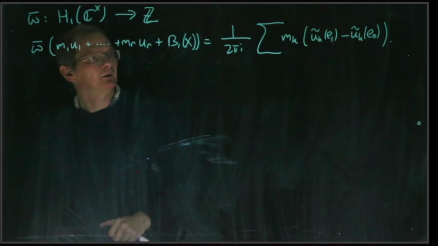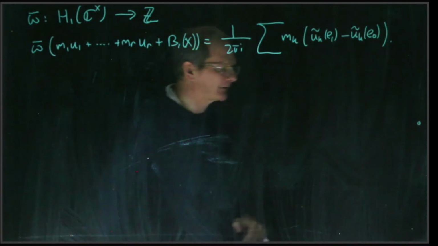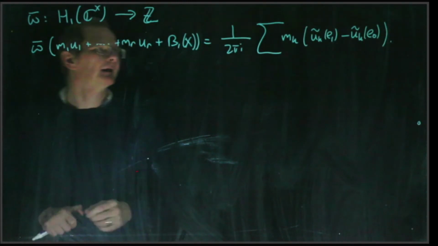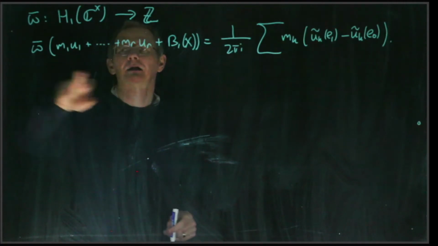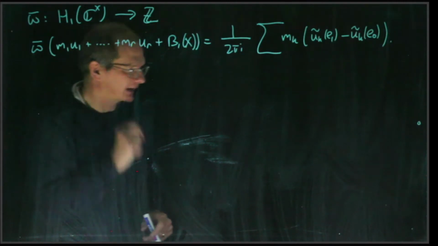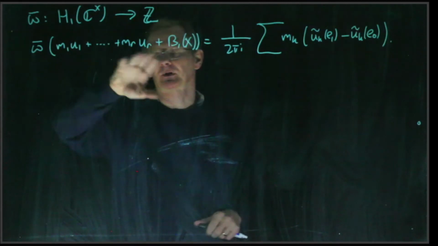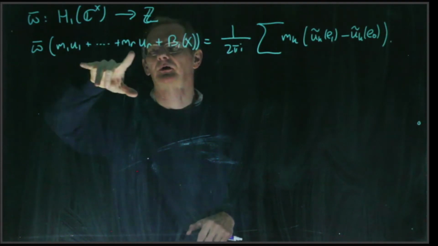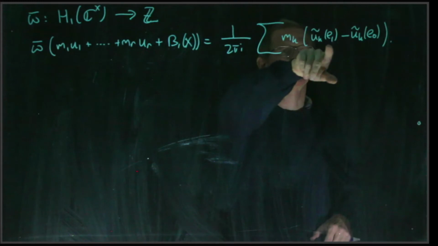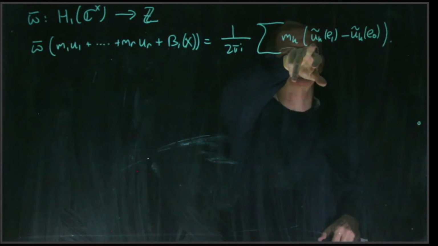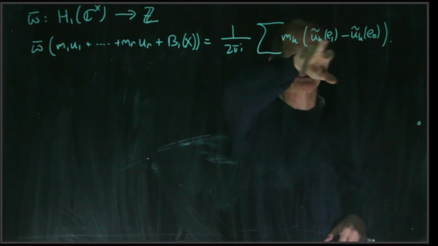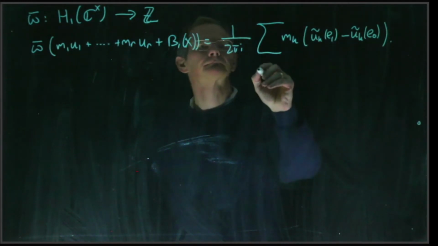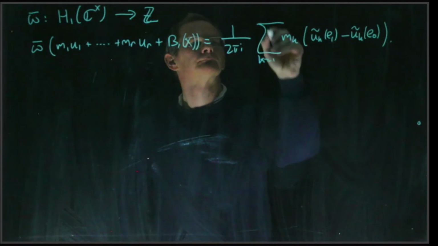We took a bit of a roundabout route to defining it, just in order to make sure that the definition was well defined. But now that we know that it is, we can just write the formula for it. The typical element here is expressed as an integer linear combination of paths. And for each path, we take a lift, a continuous logarithm u_k tilde, and you take the difference between u_k tilde at the endpoints, multiply by the coefficient m_k, and divide by 2 pi i.